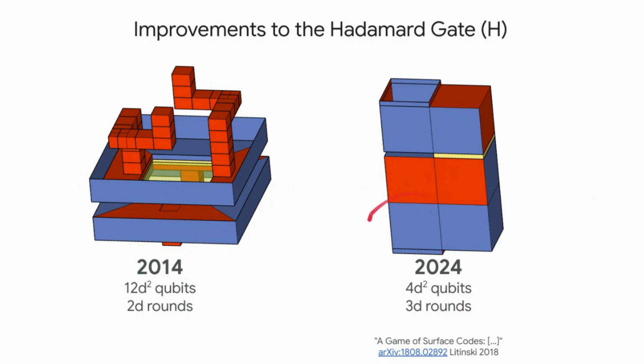Whereas the one on the right, it's actually a very similar vibe, where you want to do this transversal Hadamard in order to get the bases correct, and also you want to rotate things in order to make the orientation correct. So here, the basis change looks very different, and then you have the rotation.